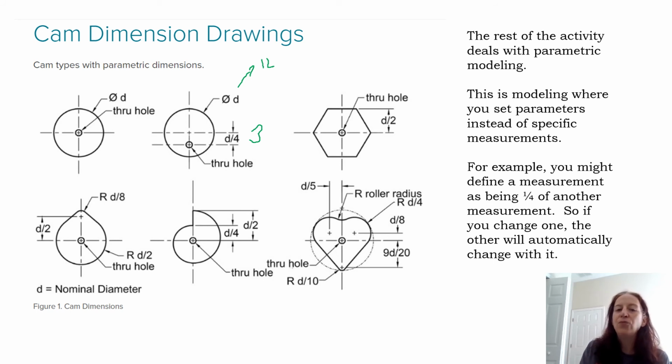That way, if you changed the diameter of the cam to, say, 20, this dimension here would automatically change with it to become a 5.